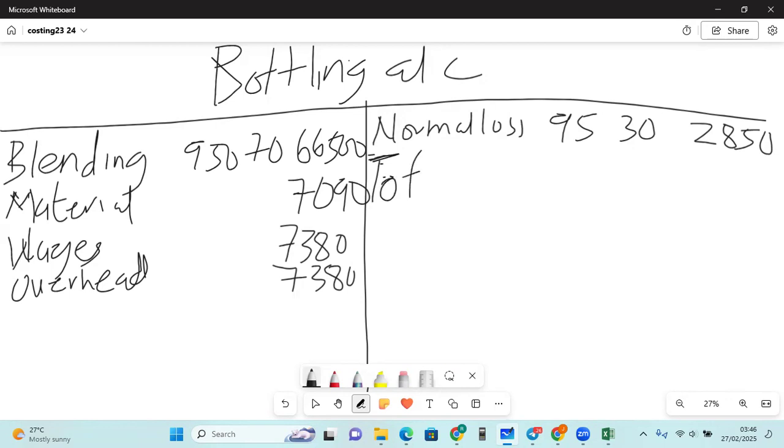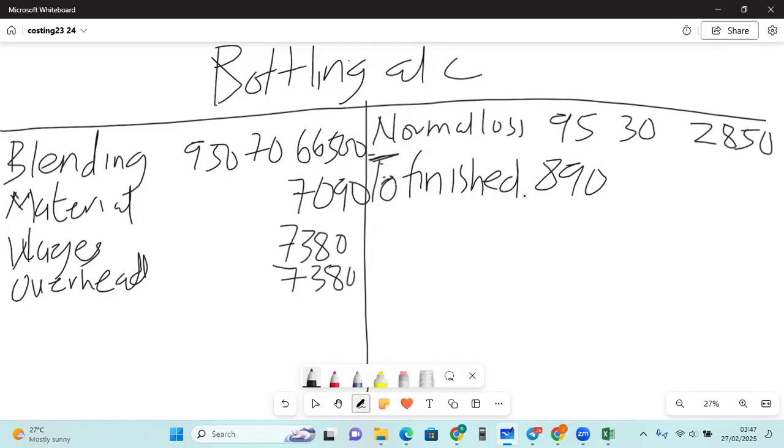The finished goods is going to be 890. We don't know the value yet. So let's subtract 95 from 950 and then see. 950 minus 95 is 885. So under normal circumstances, we are supposed to get 885 to our finished goods.